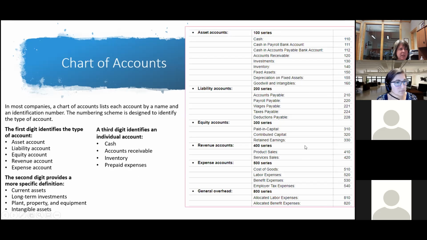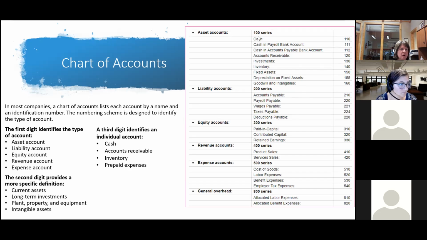So when we think about chart of accounts, so every business has a chart of accounts. And most accounting softwares back in the old day all had numbers. QuickBooks lets you have words, which can be pros and cons.